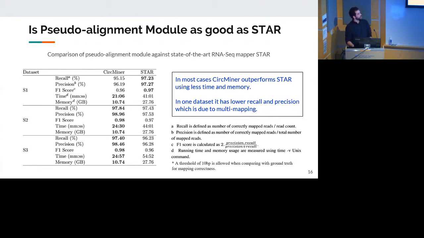And in 2 cases, it has higher recall and precision. In the first simulation data set, it has lower precision and recall, and that's because of the multi-mappings. SIRC-Miner doesn't support multi-mapping, and for that reason, we get lower recall and precision here.